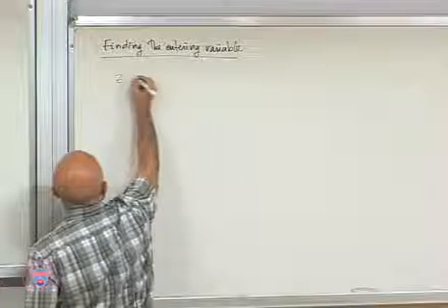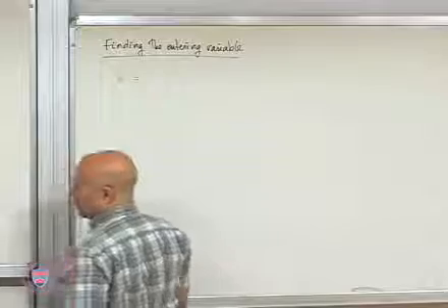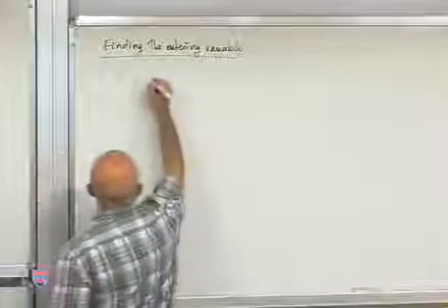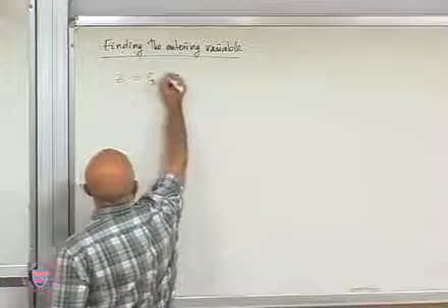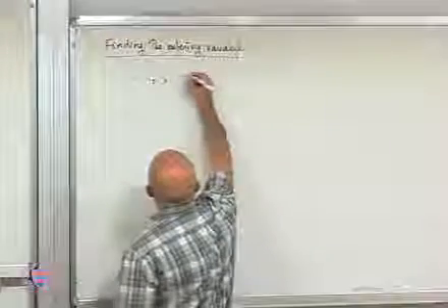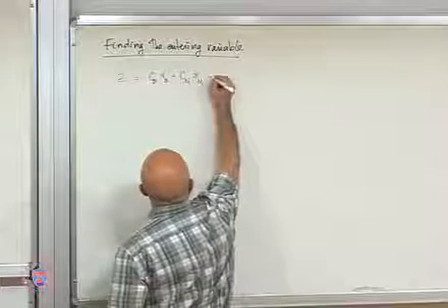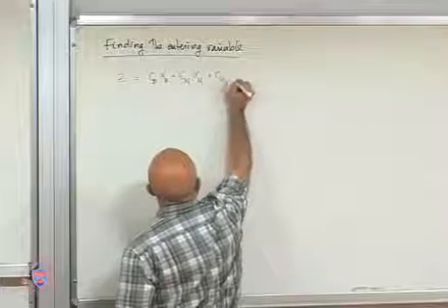So Z is equal to CB XB plus Cn1 xn1 plus Cn2 xn2.